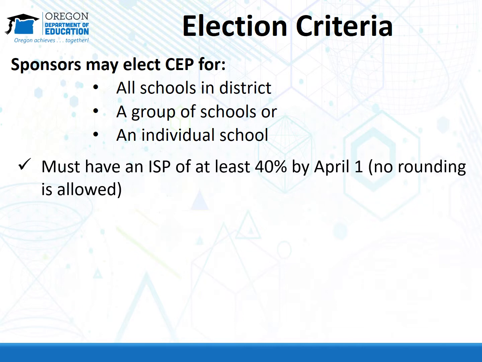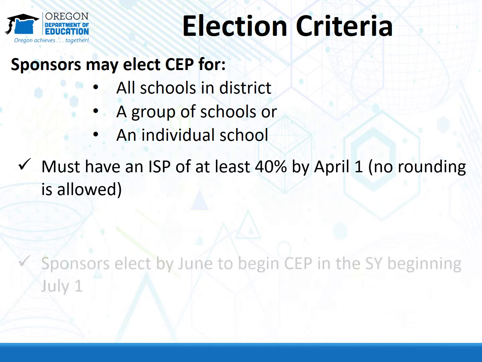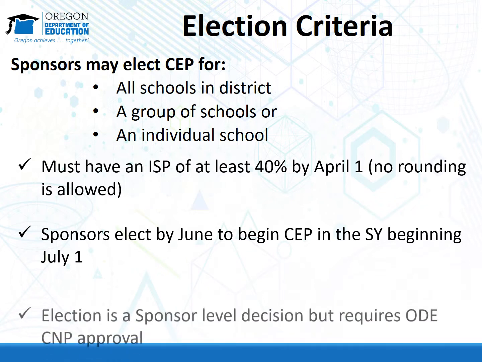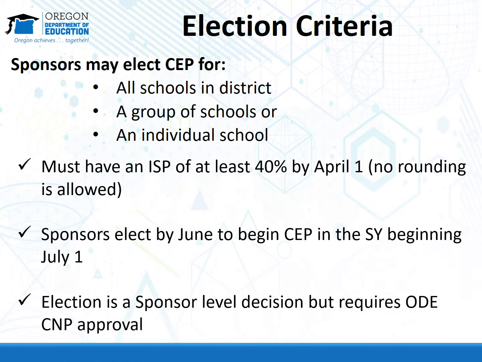The school or group of schools must have an identified student percentage of at least 40% by April 1st of the school year prior to implementing CEP. No rounding is allowed. 39.9 is 39.9. Sponsors are required to submit their application for CEP to ODE CNP by June 30th. Election to use CEP is a sponsor-level decision, but it requires approval from ODE CNP.